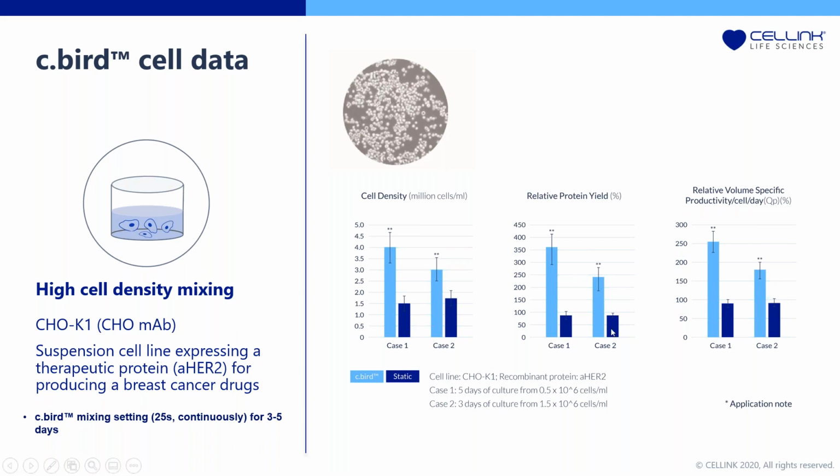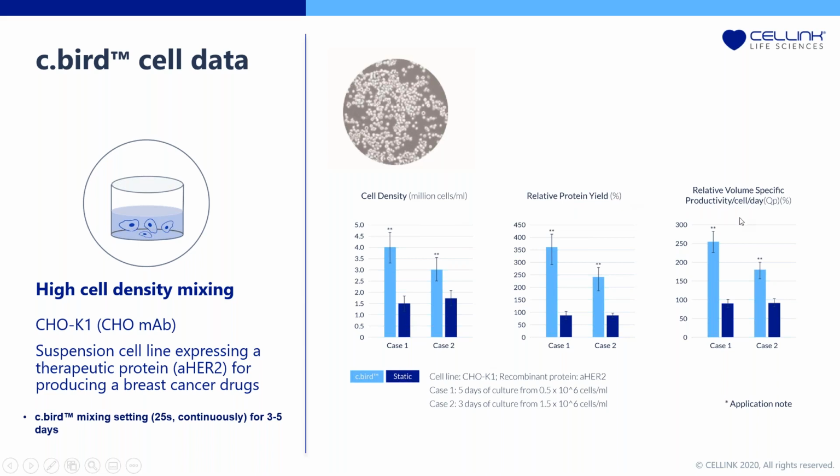The experiments show that SIBR culture provides more optimal cell growth for higher cell density and protein yield. As you can see from the figure here, the cell density can be 2 to 3 times higher, and the retained protein yield can be even 3 to 4 times higher.